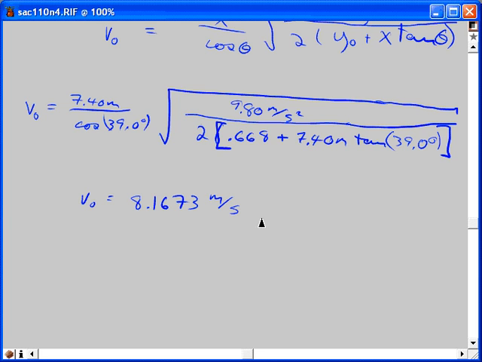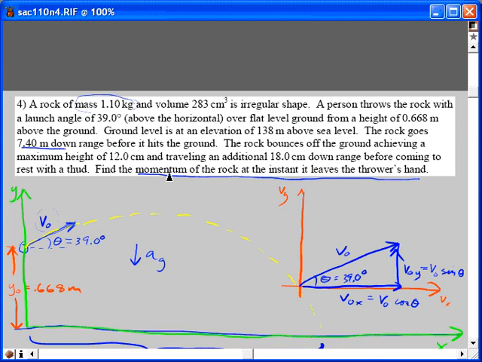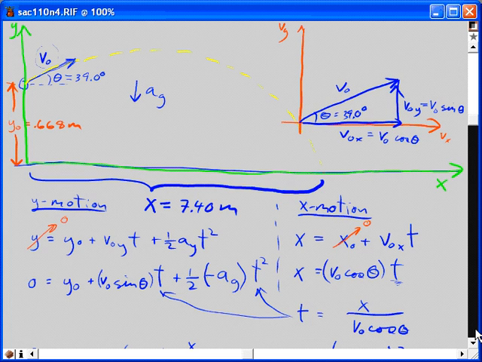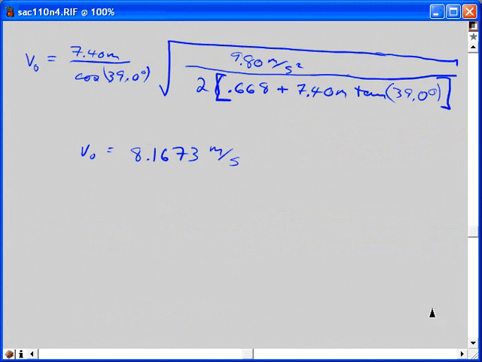Meters per second. And the thing was, all that work to find that, but they wanted the momentum of the rock the instant it leaves the thrower's hand. And the rock has a mass of 1.10 kilograms. Okay, so what I'll do is find the magnitude of that momentum. Call that the initial momentum magnitude.